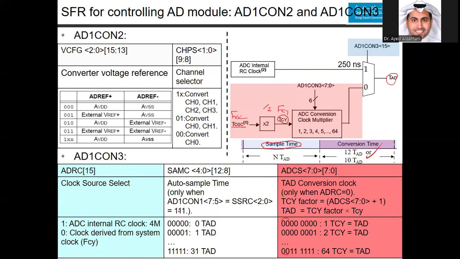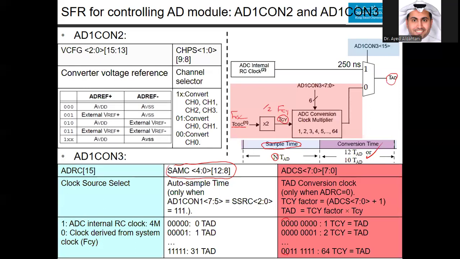If it is 111, then you can find this value n by choosing one of these options from 0 all the way to 31. The maximum, when you choose 11111, then this n is equal to 31. So this is a very important field if you want to calculate the sample time.